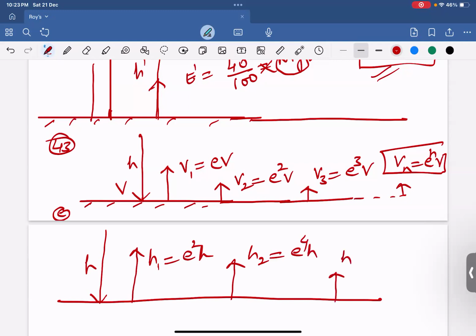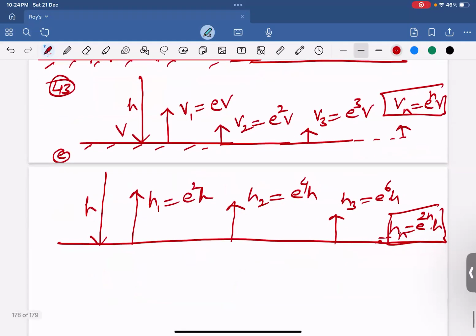Third rebound, it will be e to the power 6 times h. Similarly, in the nth rebound, H n is e to the power 2n times h. So you should remember these two formulas before attempting this question.